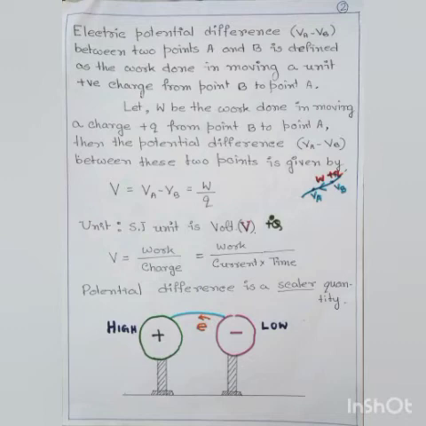Here, I have not shown the direction of flow of positive charge. Why? We know that protons, which are positively charged, are closely bound within the nucleus and they are not free to move. So if you connect any two charged bodies, always electrons will move from lower potential region to higher potential region.